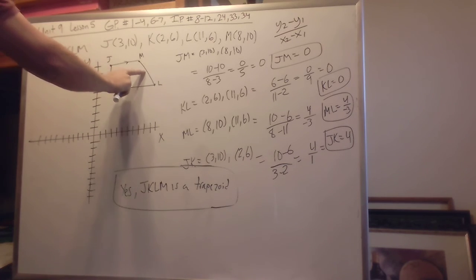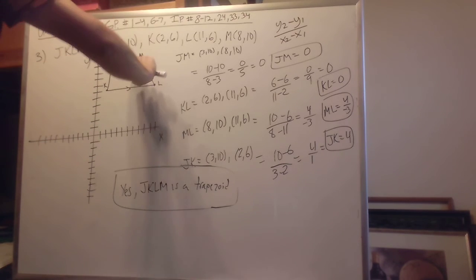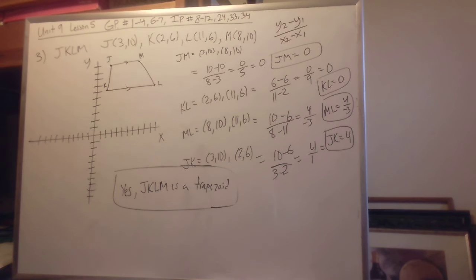Are these two sides congruent? I could tell you by looking at them, based on the way that we drew it, they are not. It isn't an isosceles trapezoid, and what I'm going to do is show you why this is the case.